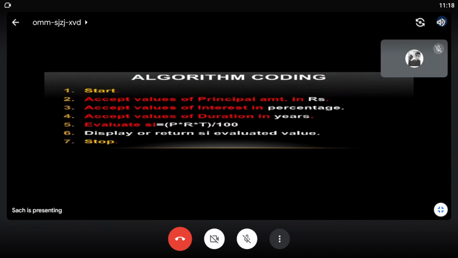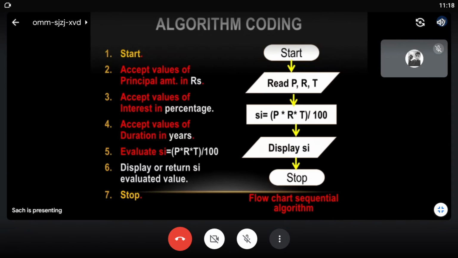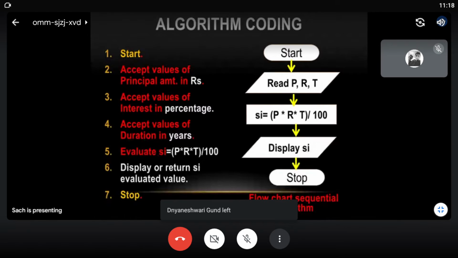Now, when we are completed with algorithms, let's come to flowchart. We will not discuss too much of this because it is covered in first year. Relevant to the start and stop, we have the start symbol and the stop symbol at the end. Now over here, the inputs are accepted by the input symbol.